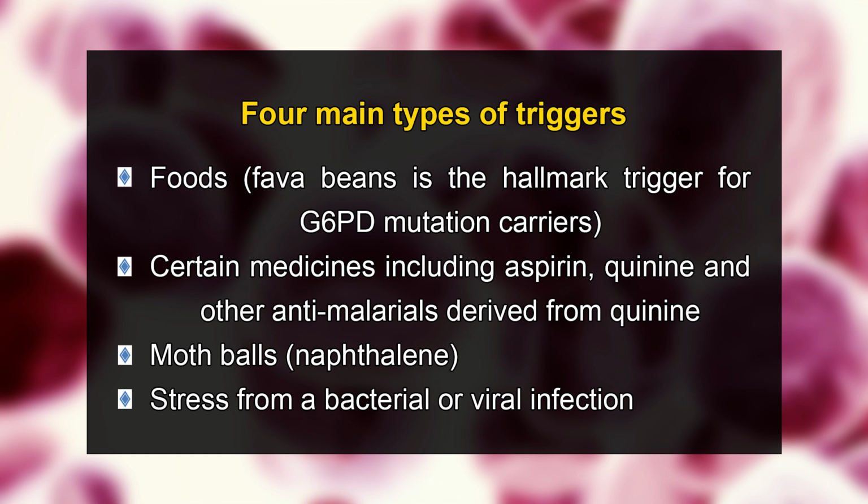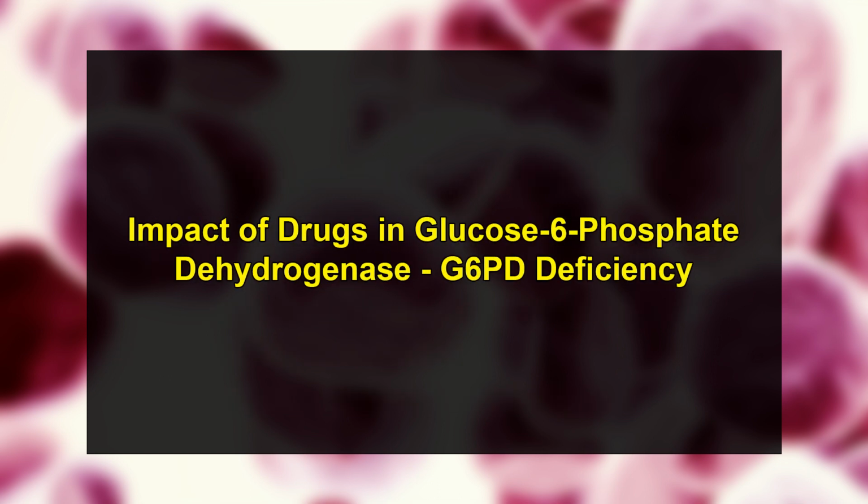Dear students, let's discuss the impact of drugs in glucose 6-phosphate dehydrogenase deficiency. Many substances are potentially harmful to people with G6PD deficiency. Variation in response to these substances makes individual predictions difficult.